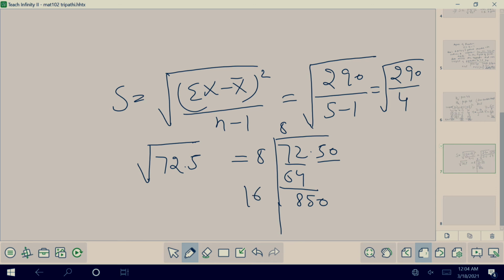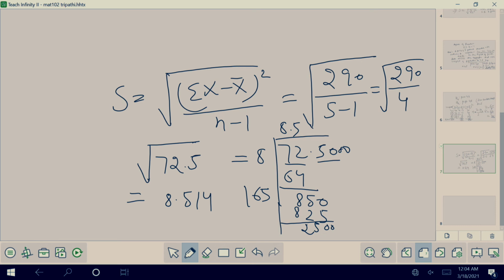Most probably it will go on 5. 5 5s are 25, 5 6s are 30, 32. So like this you have to calculate your question, maybe more. So approximately value will be 8.51, right? 514. This is the value of our S.